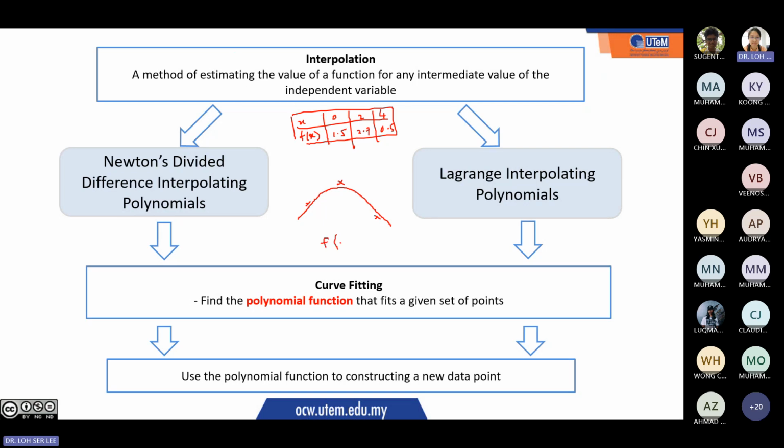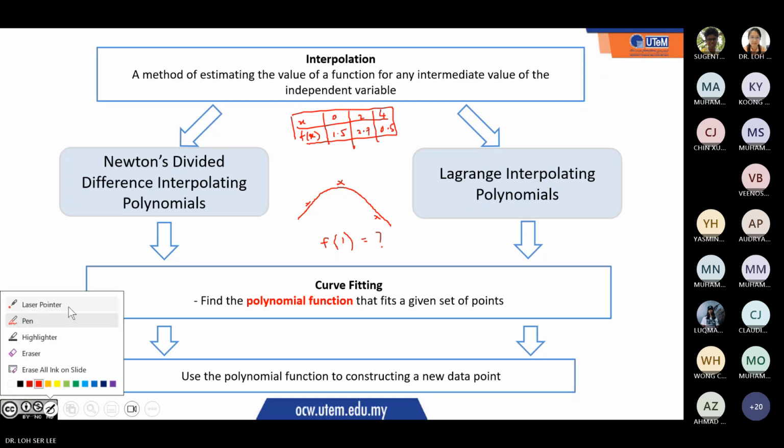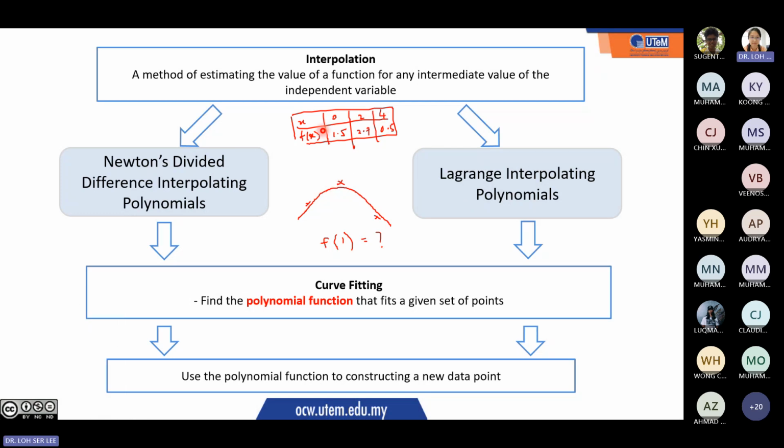Then we can estimate, just like the example just now, the intermediate value, for example at 1. This is interpolation. You are given a set of data.